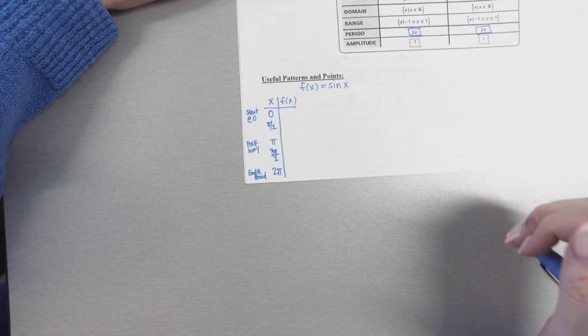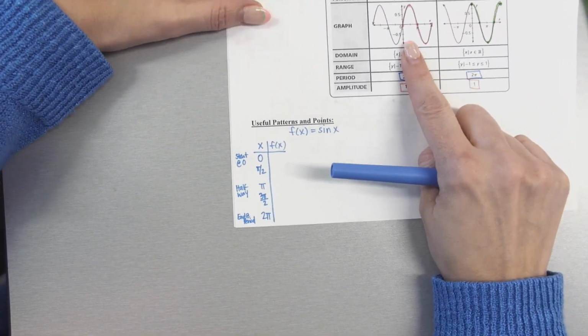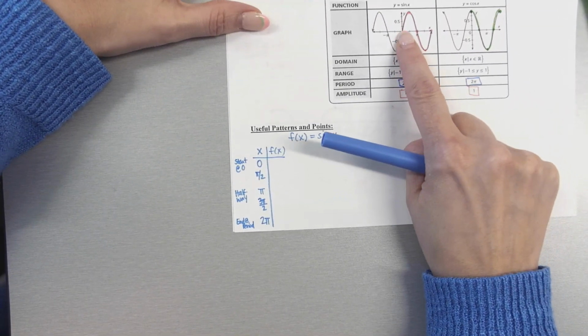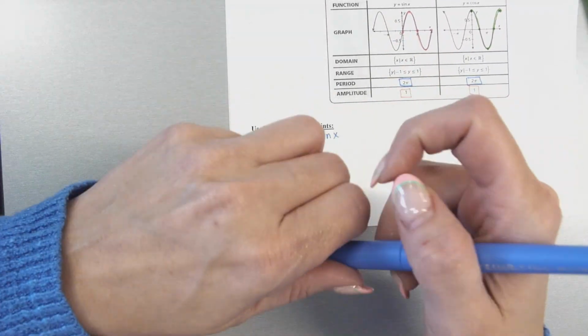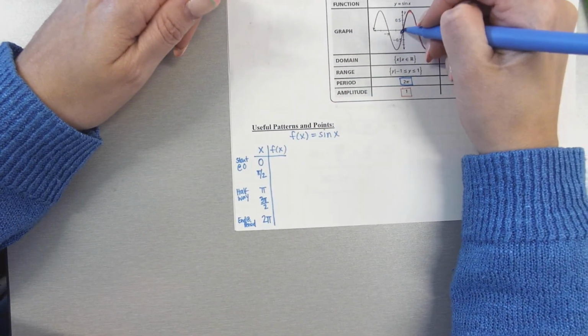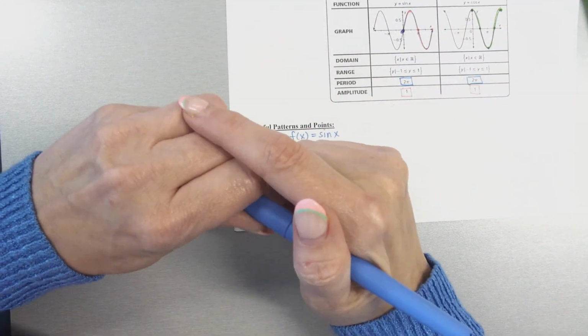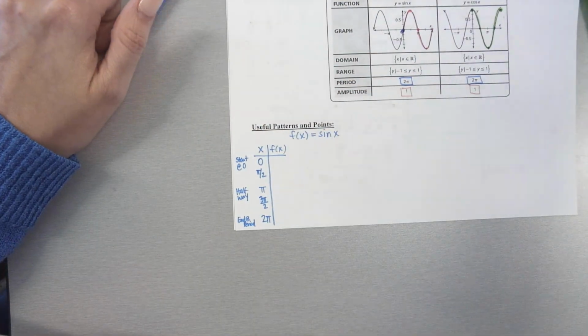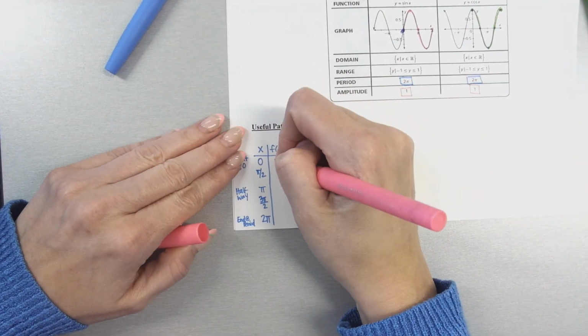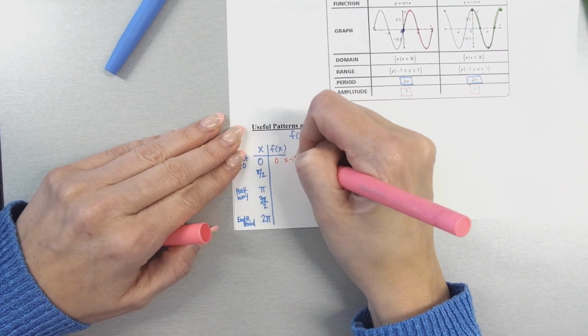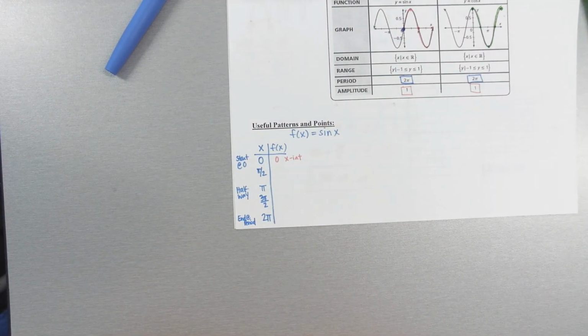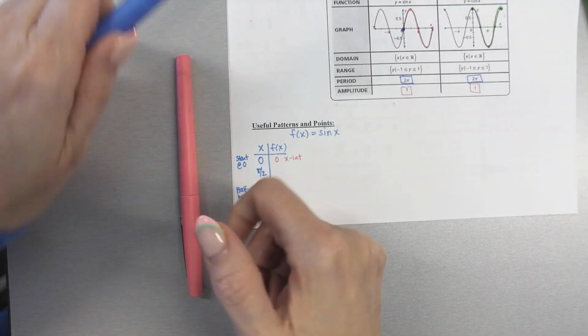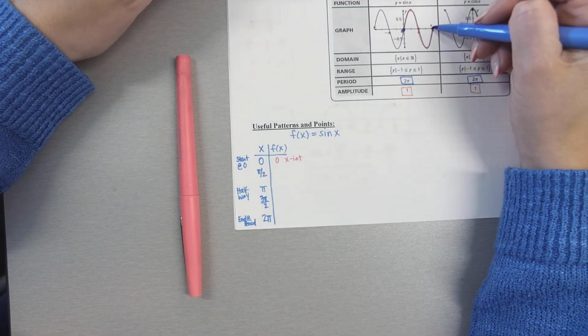So yesterday, we looked at this graph of sine. If we look at what's happening at 0, we can see this point here. At 0, we are at 0, which means this is an x-intercept. Now, wherever the graph starts, it is also going to end.